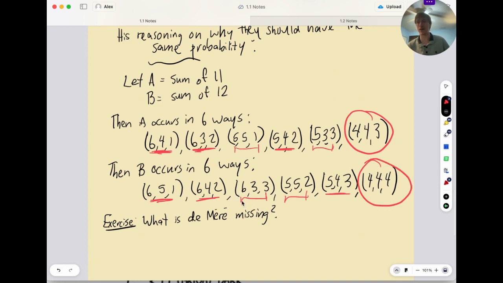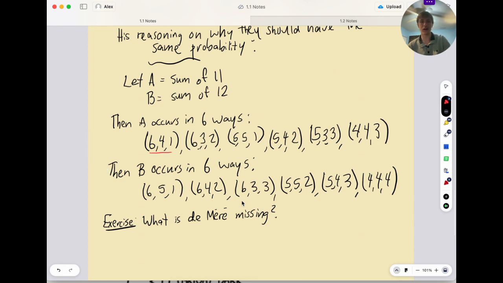And that is the answer that Blaise Pascal proposed to de Méré. Blaise Pascal was a French mathematician of the 17th century. He said, well, look, 4, 4, and a 4 can only occur in one way, and a 4, 4, and a 3 can occur in 3 ways. Okay, so that's why B is less likely to occur than A. And that's kind of the solution to de Méré's paradox.